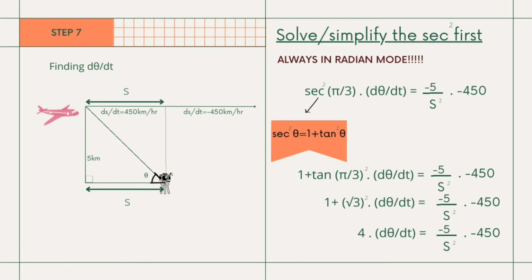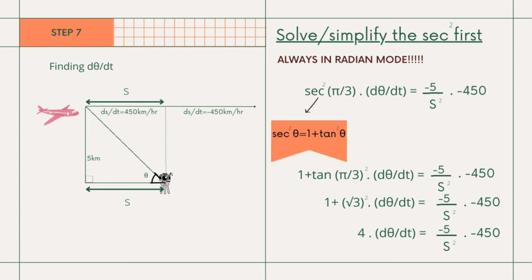Remember that pi over 3 is 60 degrees, so we can substitute tangent pi over 3 with square root of 3. So it's going to be 1 plus square root of 3 squared times d theta over dt equals negative 5 over s squared times negative 450. Remember that you have to always put your calculator in radian mode.